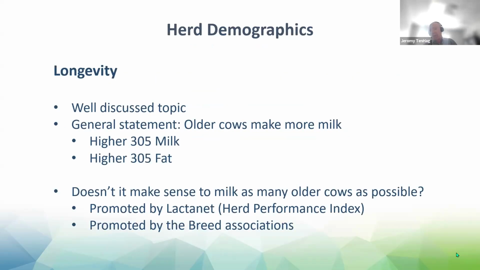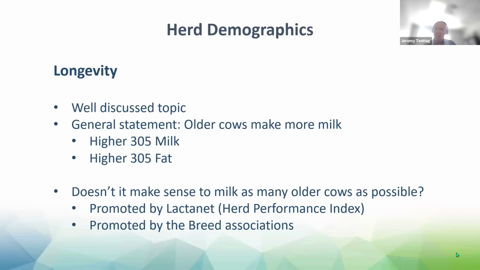Herd demographics, another way of saying that maybe is longevity. I know these things aren't totally or perfectly synonymous, but they are very closely related. And I think a general statement we can make, and I think all of us will agree with, is older cows make more milk. So wouldn't it make sense to all of us that, hey, let's milk as many older cows as we can?